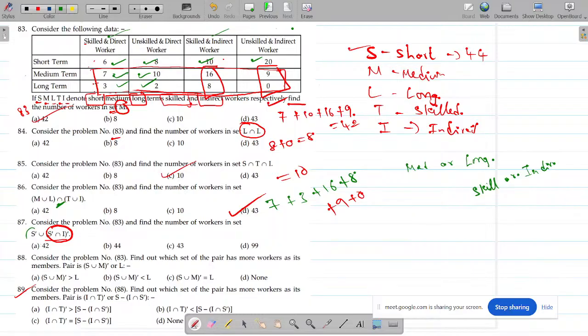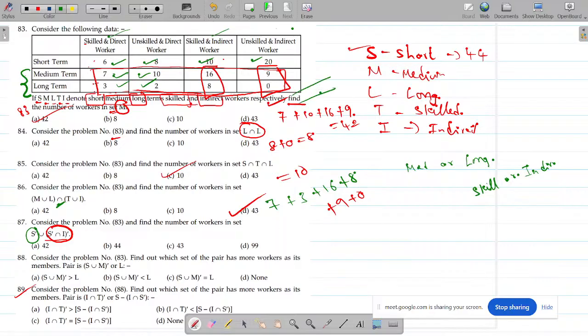Now I have to take S'. S' means this whole thing union. So I'll get 6, 8, 10, 27, 10, 3, 2. Am I right? S' is this whole thing union this one, so I'll get everything, I think. What's the complete total?